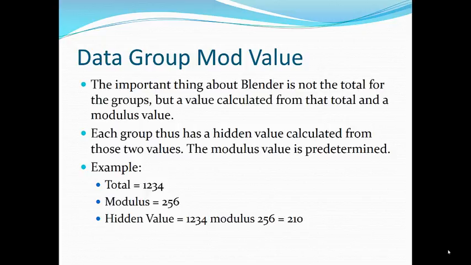So from each carrier group, we have a single hidden value. And notice, since it's modulus 256, it will be a value in the byte range of 0 to 255, although it doesn't have to be.